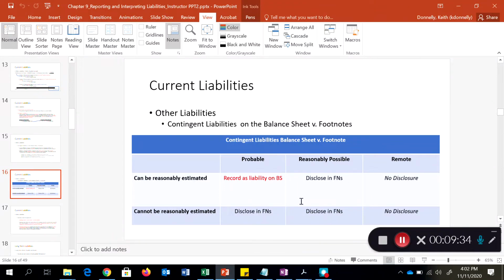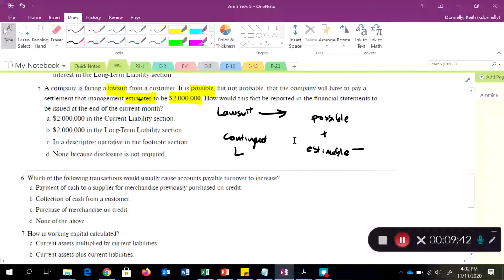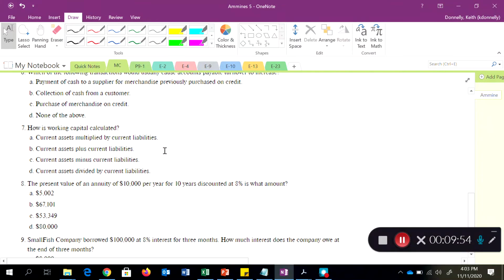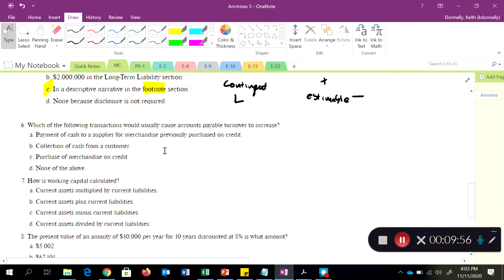Management said it's possible and it's estimable, meaning they said it will cost us $2 million if it goes through. For this reason, we're going to want to disclose it in the footnotes. So let's see here, 5, which one? That looks like it's going to be C, footnotes.